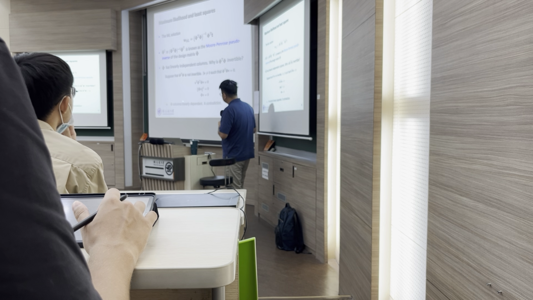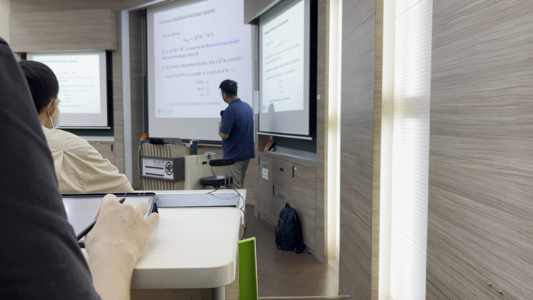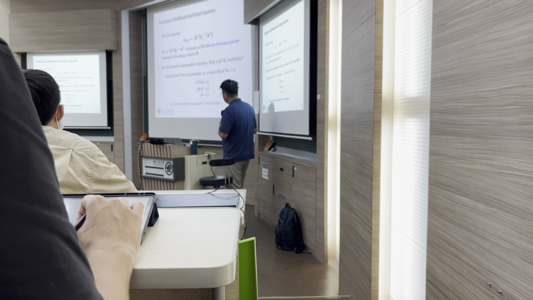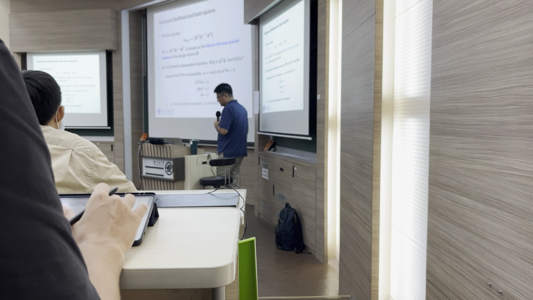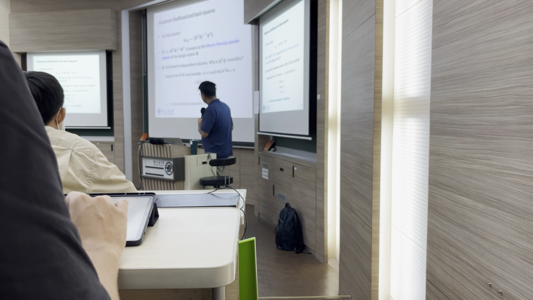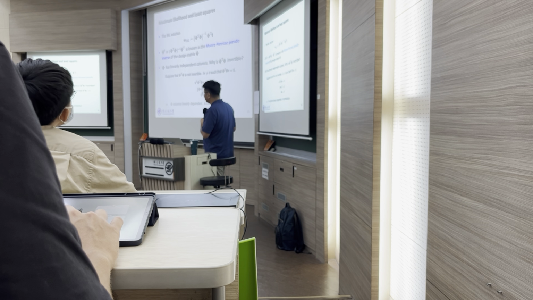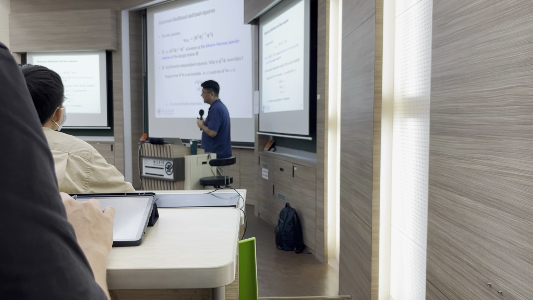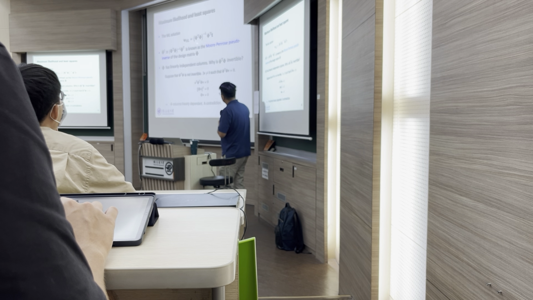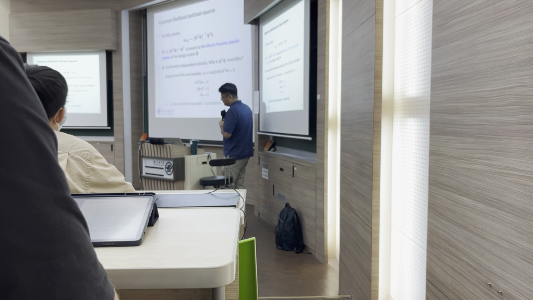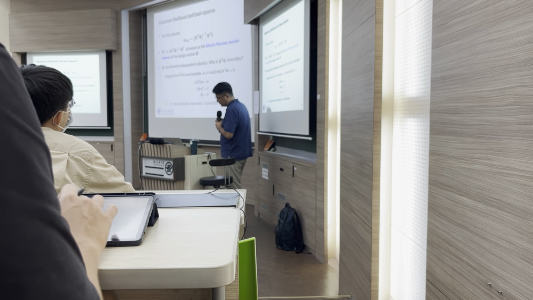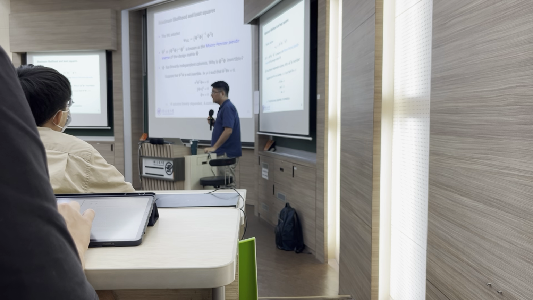So the contradiction happens. We made the assumption, but the result is a contradiction. So based on this result, we can prove that phi transpose phi is invertible in this case. So we can calculate the inverse of this matrix and get the solution.